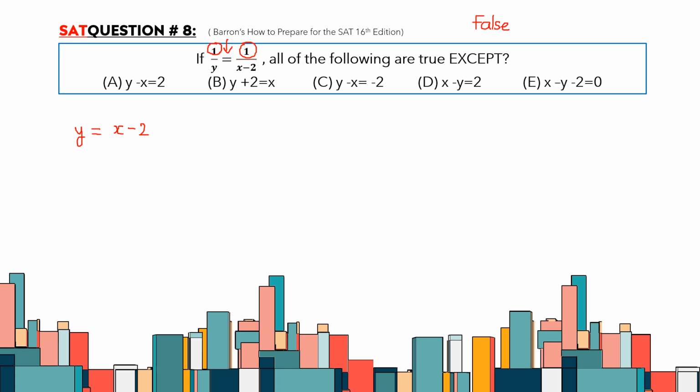Okay, now we're checking on A. On A, we have y minus x equals 2. If we add x to both sides, we will have y equals x plus 2.